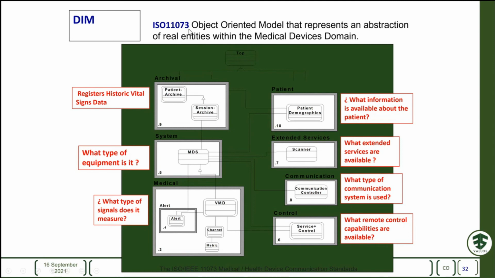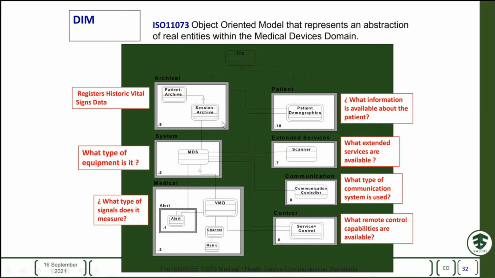This is, well, let me go through the title, which I think is interesting. The ISO 11073 object-oriented model that represents an abstraction of real entities within the medical device domain. So, for example, the archival of patient data and session archive.